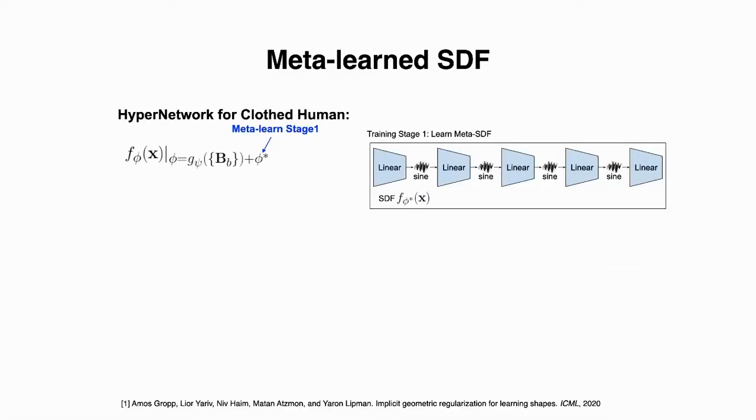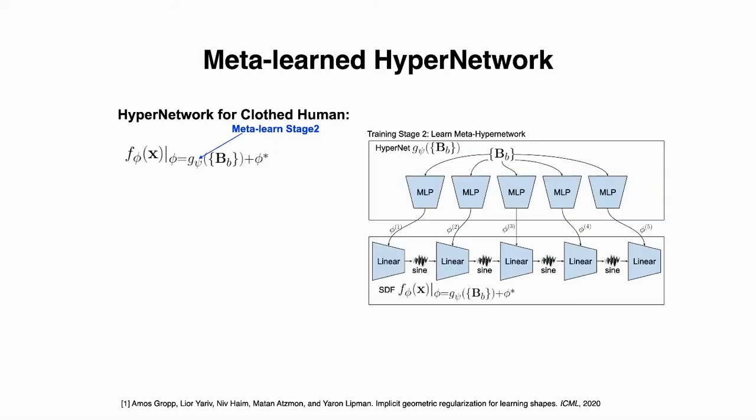The meta-learning consists of two stages. In stage 1, we meta-learn phi star on all training subjects with different poses, shapes, and clothing types, without conditioning on poses. This meta-learned network serves as a strong shape prior. In stage 2, we meta-learn psi on all training subjects.